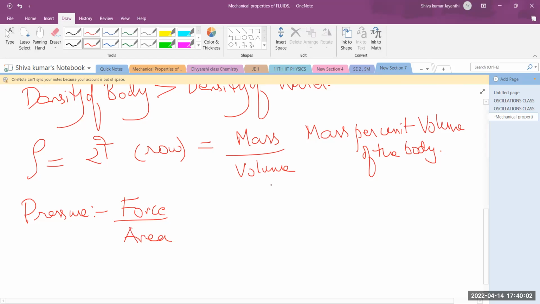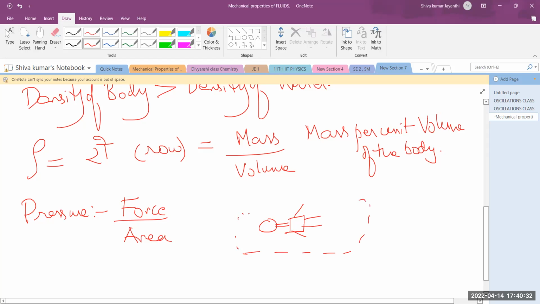So imagine, for example, force experienced. If you are inside water and you spread your body, like you see Ramdev Baba, the person who does yoga, what happens?